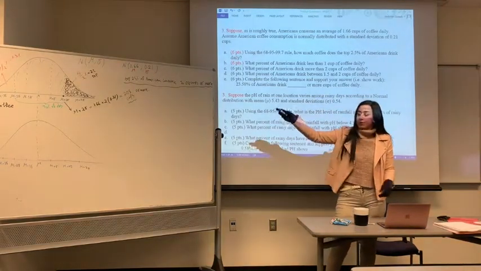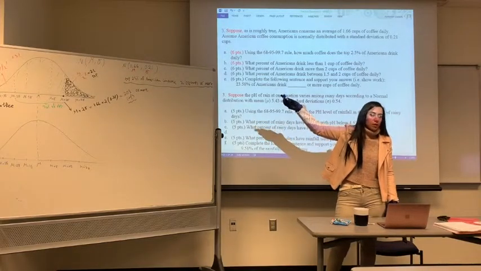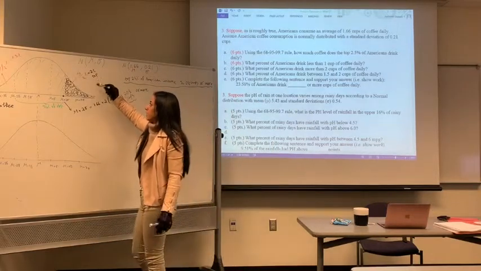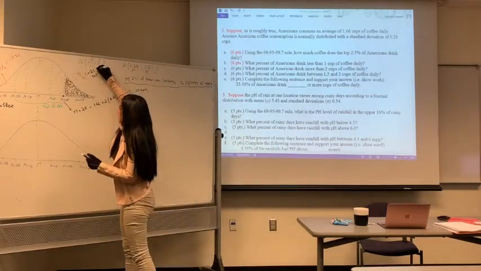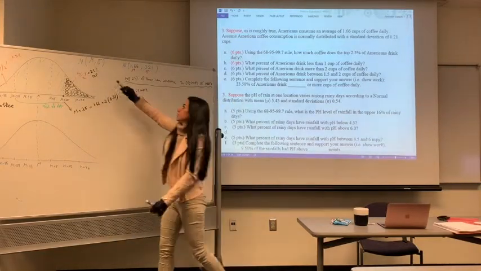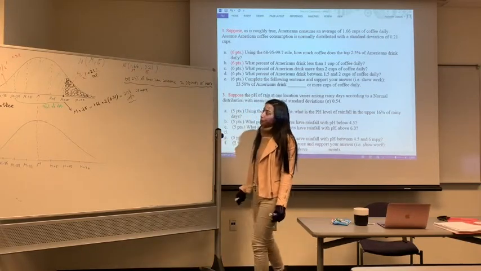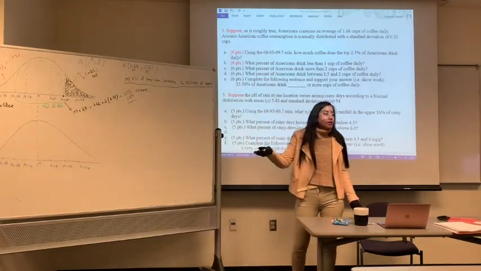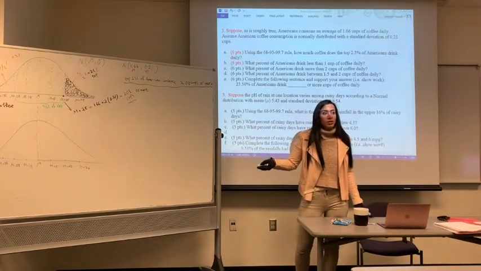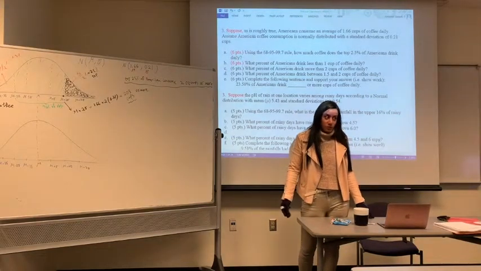So this was just a review from last time. Now this was the 68, 95, 99.7 rule, but this rule doesn't give us all the exact probability we want.